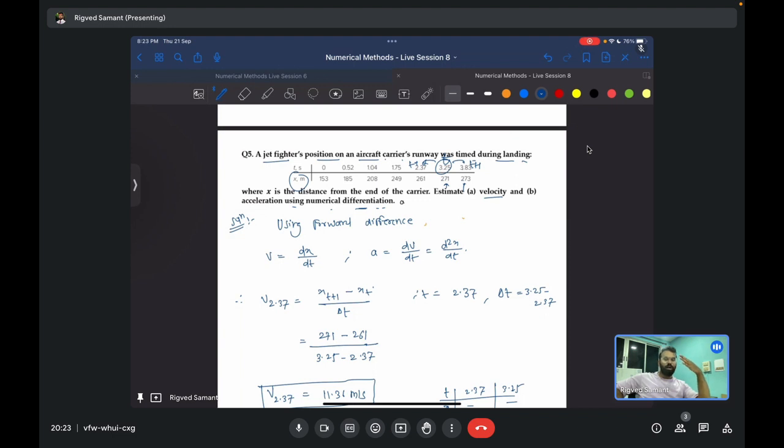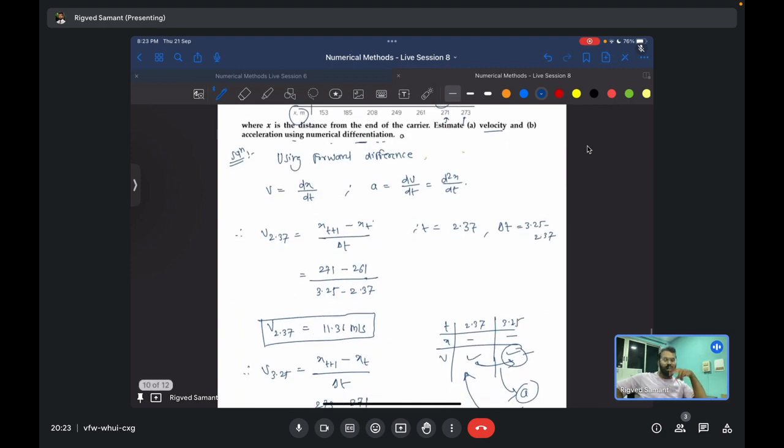Then in the second part, the question asks you to solve the acceleration. Now for acceleration, you needed the velocity at the next point as well. So we calculated first the velocity at the next point, and then using those values, we calculated the acceleration, again using the forward differentiation formula. So it's pretty straightforward, using the same formula again and again. You just need to know how to use it.